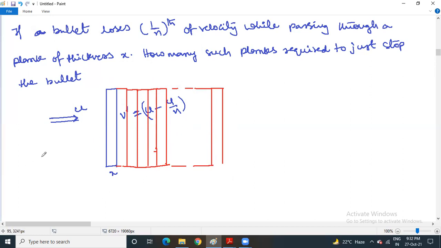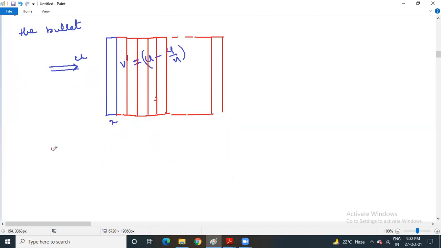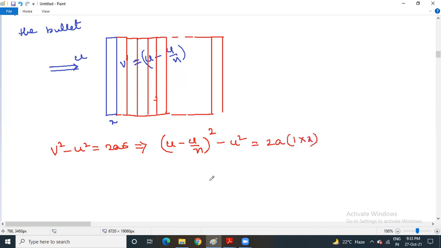So let us make use of v square minus u square is equal to 2as. When it leaves the first plank, the final velocity is going to be the remaining velocity, that is u minus u by n whole square, minus initial velocity u square, is equal to 2a into the thickness of the plank, that is x. Only one plank whose thickness is x.